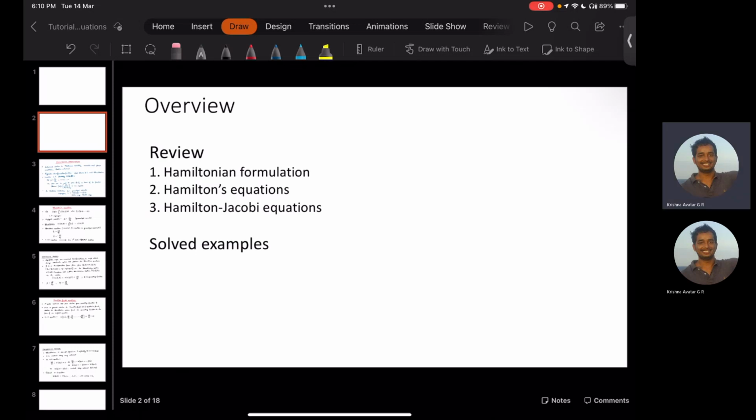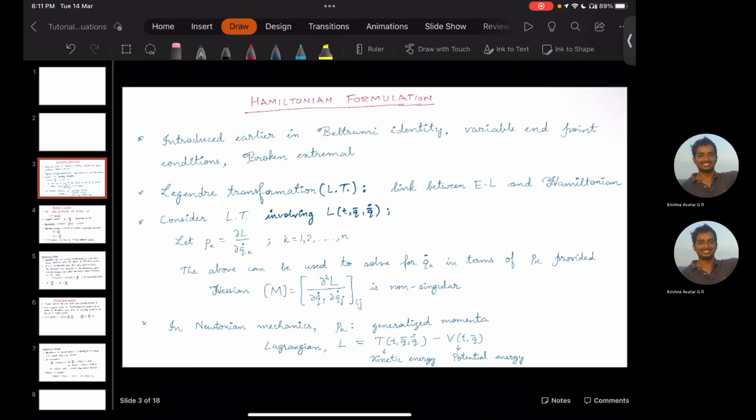Thereafter, we would be following it up with several solved examples. Okay, so we begin with the first topic, which is the Hamiltonian formulation.